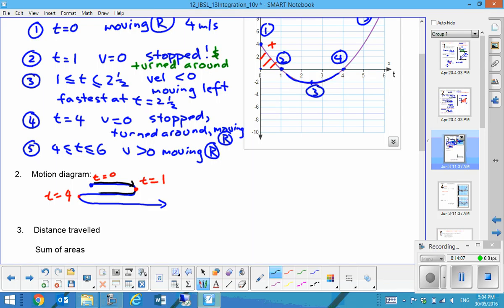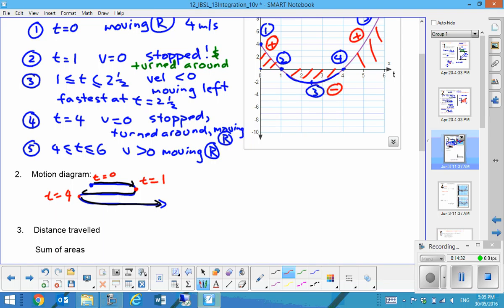It's travelled this bit to go back, and it's now travelled this bit to go forward. So they're all distance travelled. So even though this area down here is negative, because it's in the left direction, we want to make that positive. Our first block of time is already positive, and the last part is a positive area.